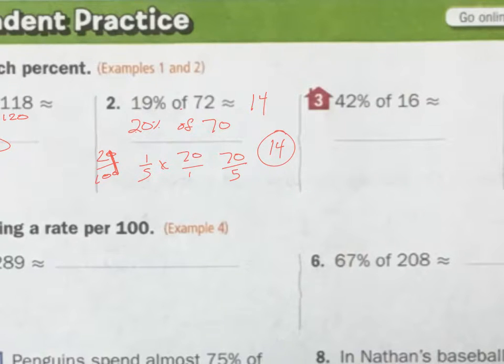It's kind of fun to know what 10% of something is. So I have 20% of 70. If I wanted 10% of 70, you're just dividing it by 10. So 10%, that small fraction, is just 7.